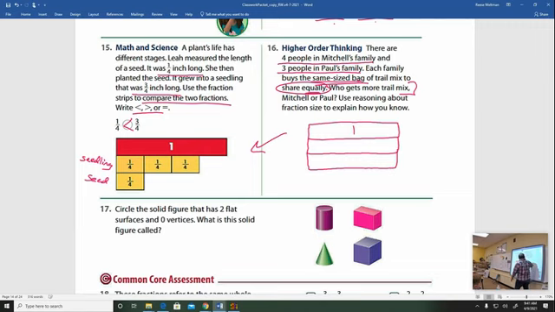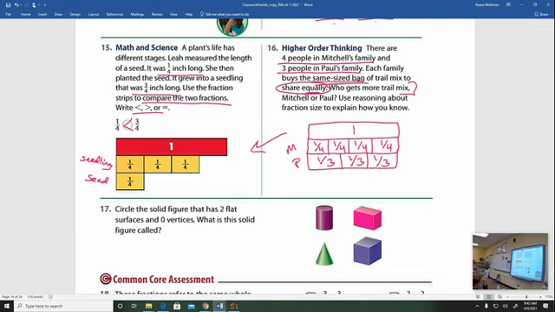We could do it this way, right? Because we could say 1, 2, 3. Or we do 1, 2. Right? So this one could be Mitchell's family. This one could be Paul's family. And there are 4 people in Mitchell's, and there are 3 people in Paul's.